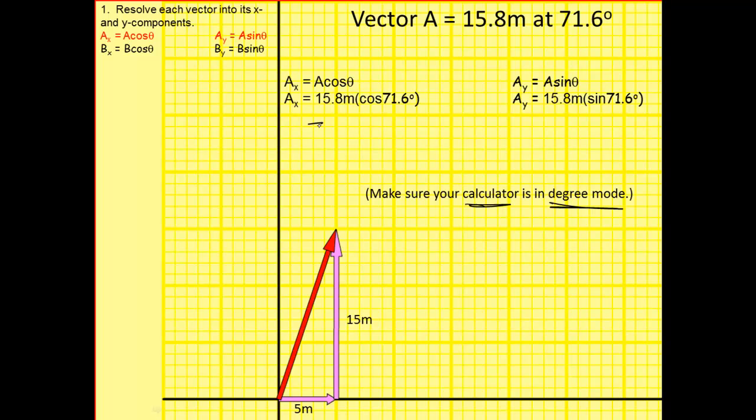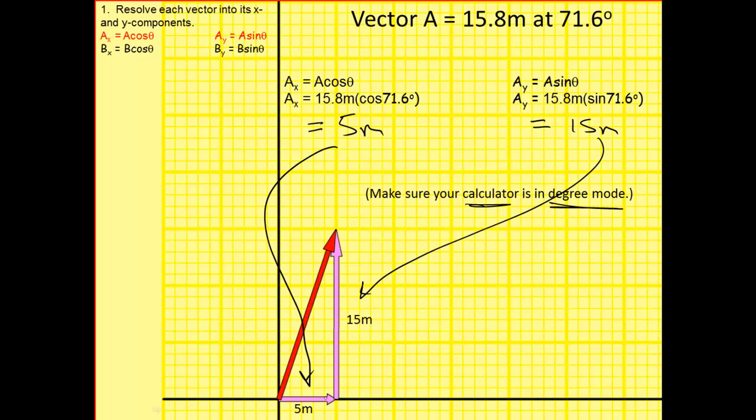Now if we plug it into our calculator and do it correctly, our horizontal component turns out to be 5 meters, and that goes there. Our vertical component turns out to be 15 meters, and that goes there. So notice this is the horizontal and vertical components of our original A vector. This is what we call A sub x, and this is what we call A sub y.